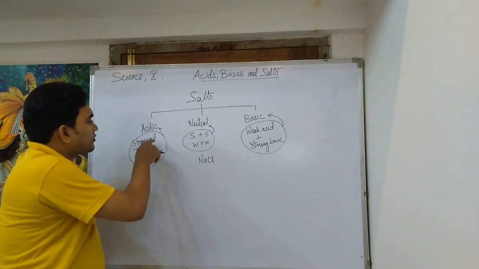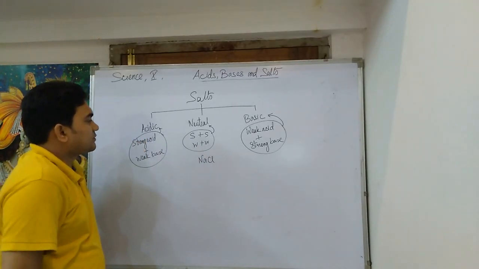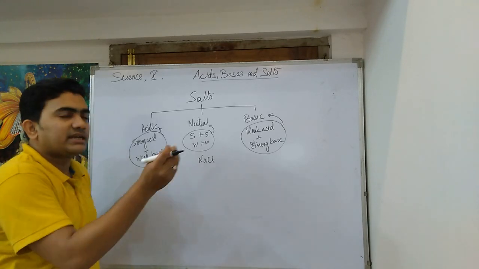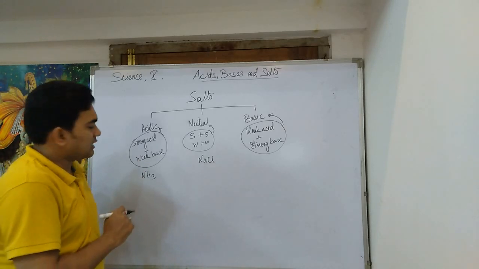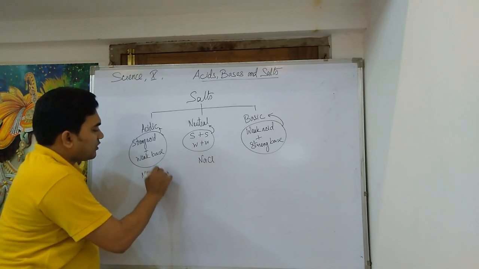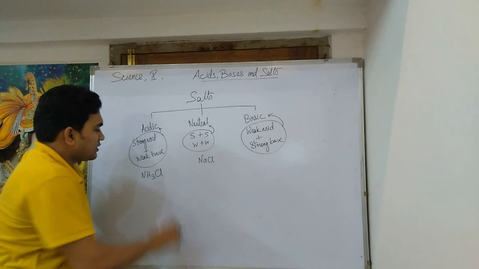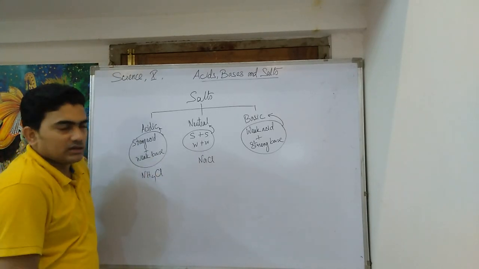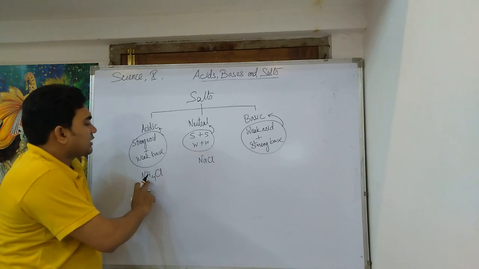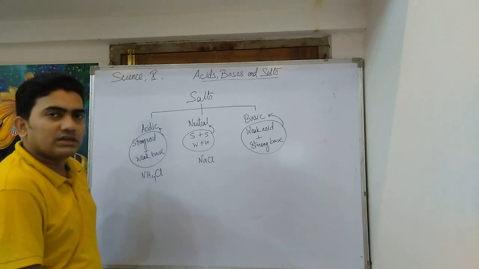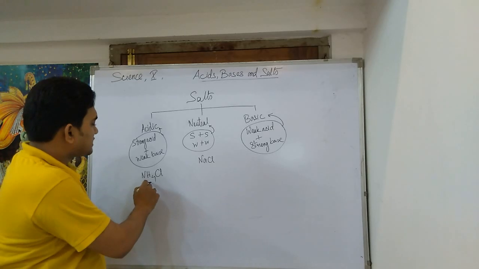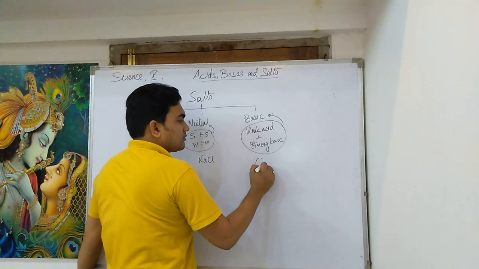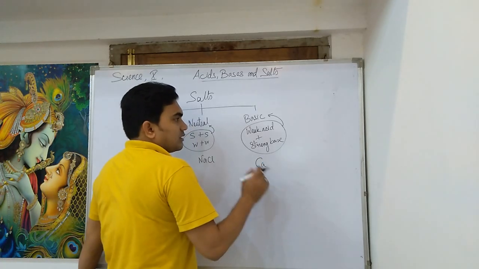So what is an example of an acidic salt? Ammonia is slightly basic, a weak basic compound. When it forms a compound with chlorine, we get NH4Cl, ammonium chloride. This has the characteristics of the acid involved in it, so it becomes slightly acidic, making it an acidic salt. Similarly, calcium is a very strong metal.